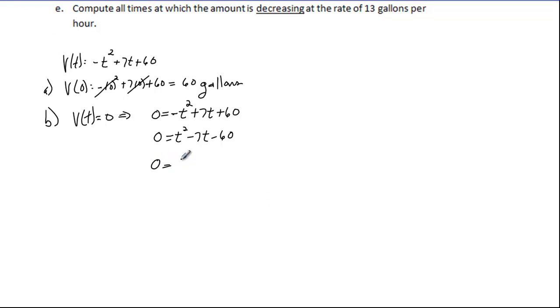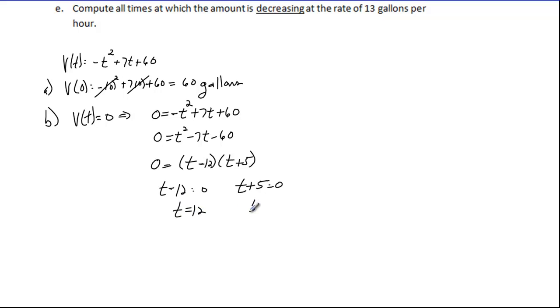So we'll have 0 equals two binomials in terms of t. Our first sign will be negative. What times a negative gives us a negative? That'll be a positive. Factors of 60 that add together to be negative 7 have to be negative 12 and positive 5. Since we're multiplying our two binomials together, we set t minus 12 equal to 0, and then we set t plus 5 equal to 0.